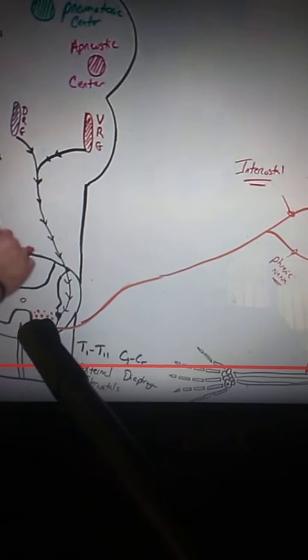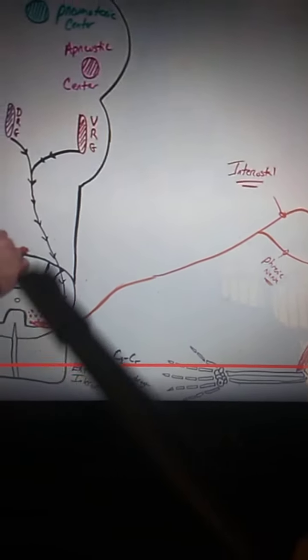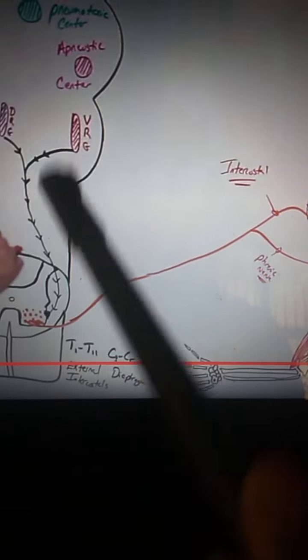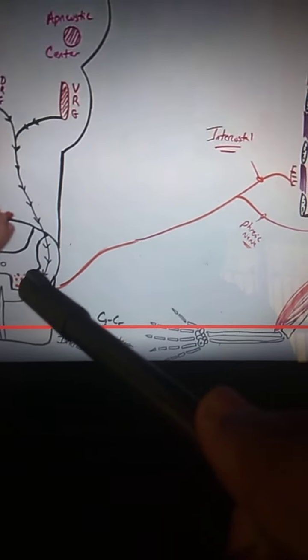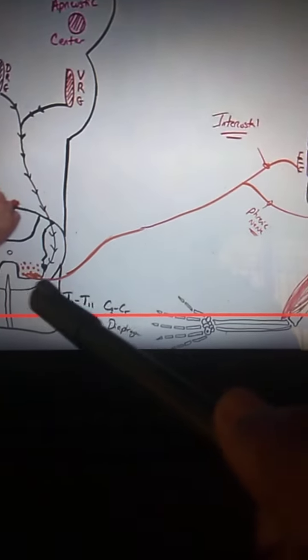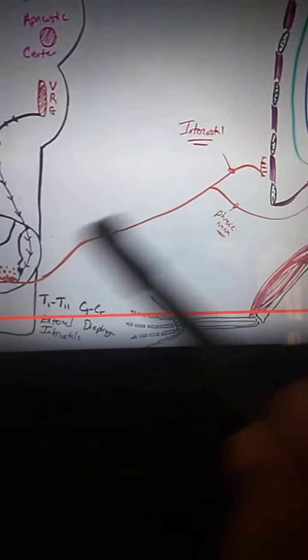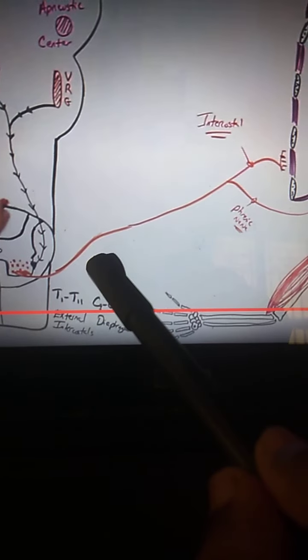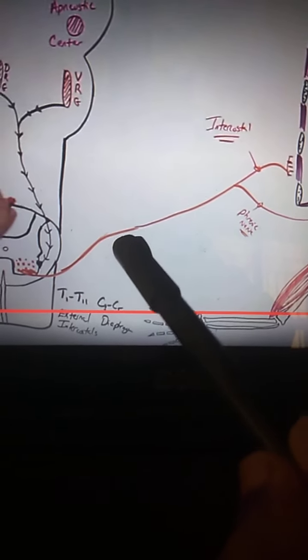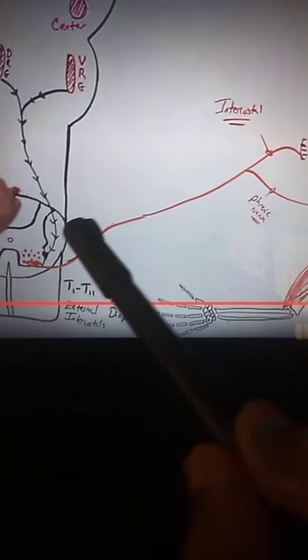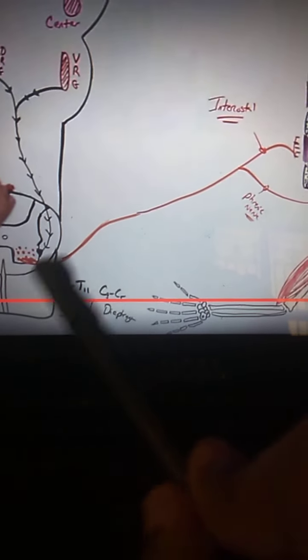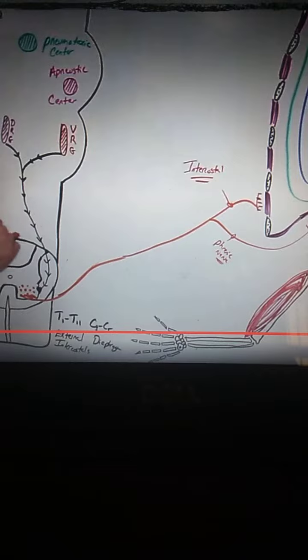These action potentials come down to the spinal cord, through inspiratory fibers, which further increase the action potentials. These nerves are the phrenic nerves, C3, C4 and C5, and also T1 to T11, which are the intercostal nerves. So this is normal respiration.